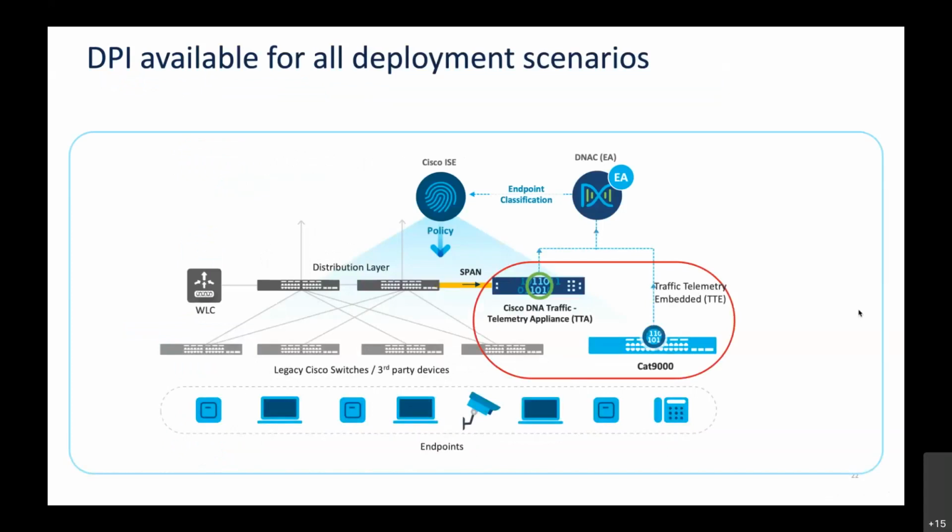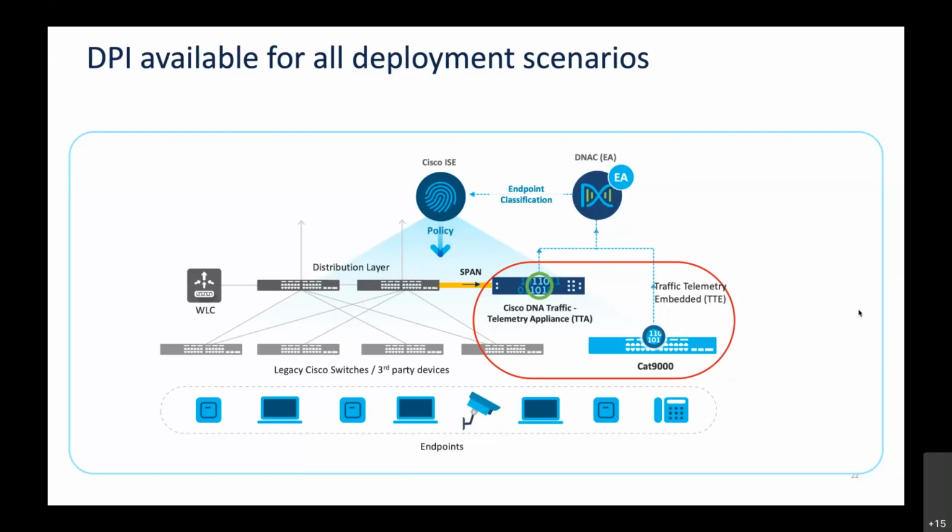The TTA, for short, is able to do the same deep packet inspection job that a Cat 9K does natively. So let's say you have a network where you have legacy Cisco switching, you have third-party devices, or there's just a portion of your network where you don't have Catalyst 9Ks. In that scenario, you would have to deploy the traffic telemetry appliance at the distribution layer. And what you would do is span traffic from the access and distribution layer to that traffic telemetry appliance.